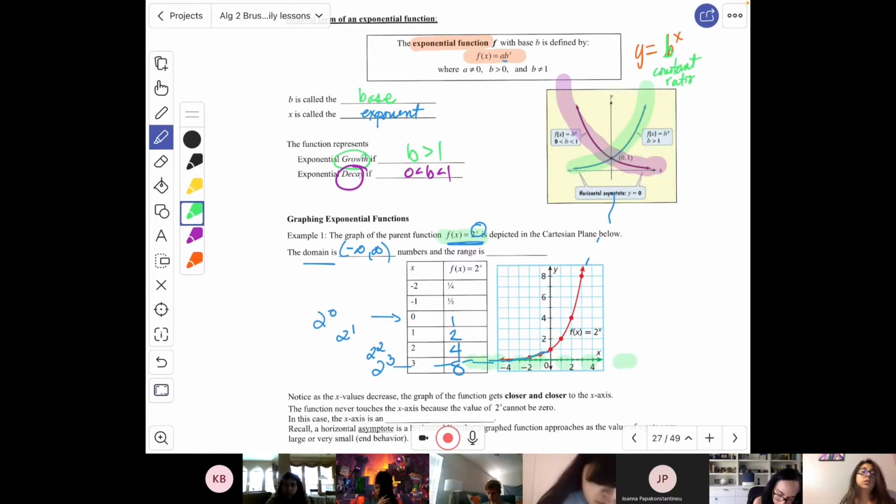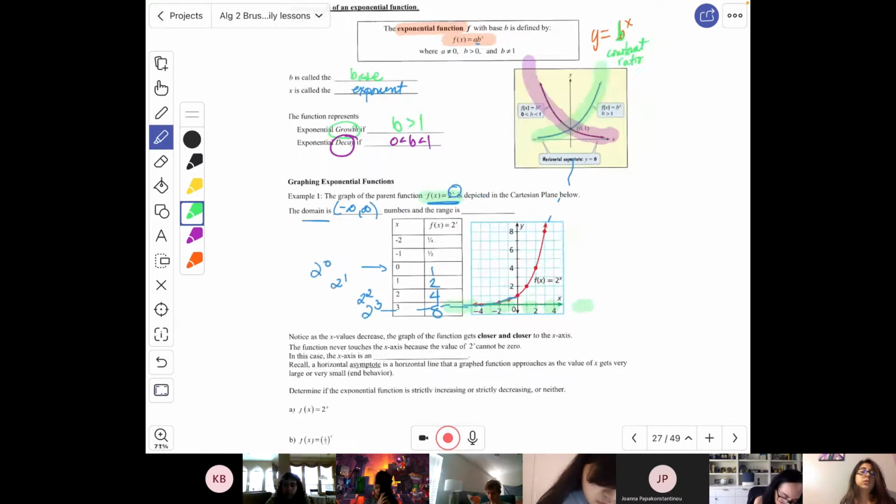We get what is known as a horizontal asymptote. Okay, have you heard of that? Asymptotes. In this case, we have a horizontal asymptote, a function that gets closer and closer to a line or a curve, but never touches it, is an asymptote.